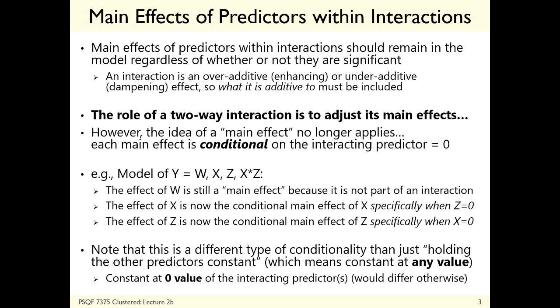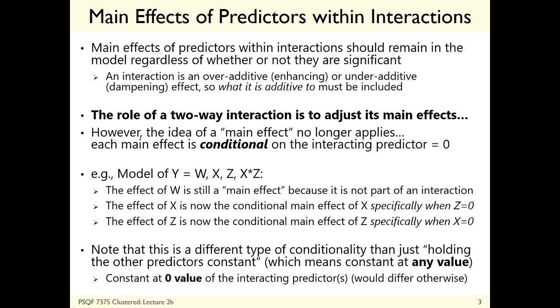For W, because W doesn't interact with anything, we still talk about the main effect of W, the end. For every unit difference in W there's a whatever slope change in Y. That's marginal, unconditional. X and Z, though, we can no longer say main effect. That is incorrect. It's not specific enough.